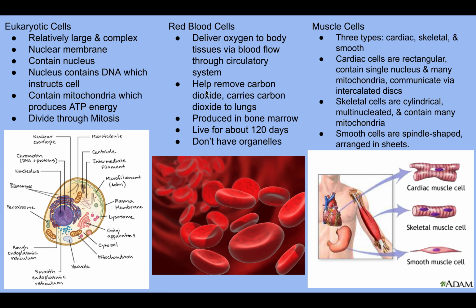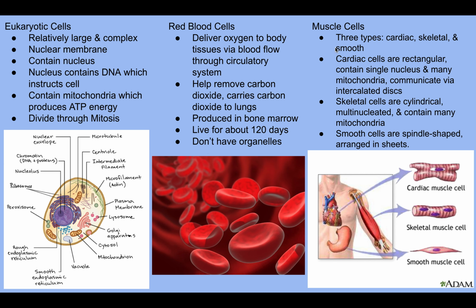Furthermore, they help remove carbon dioxide from your body by carrying it to your lungs so that you can exhale it. Red blood cells are produced in the bone marrow and have a lifespan of approximately 120 days. And one thing about red blood cells is that they don't have organelles.